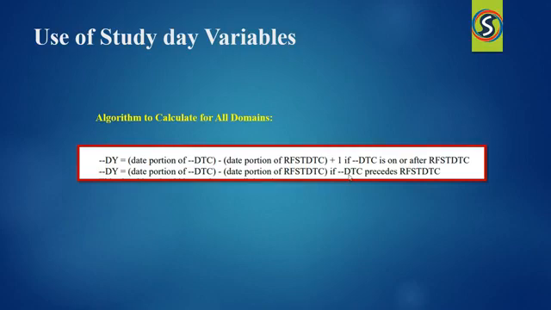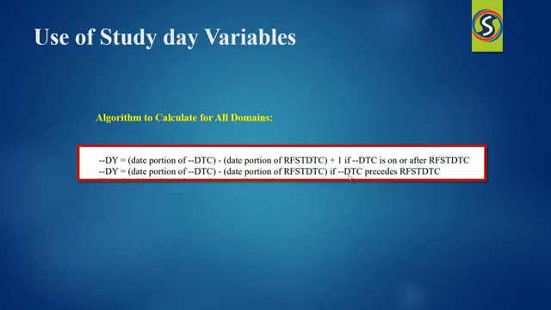Coming to another scenario, the DY value is the date portion of the DTC variable you extract minus the date portion of your reference start date, which is what we take if your DTC value precedes your reference start date.